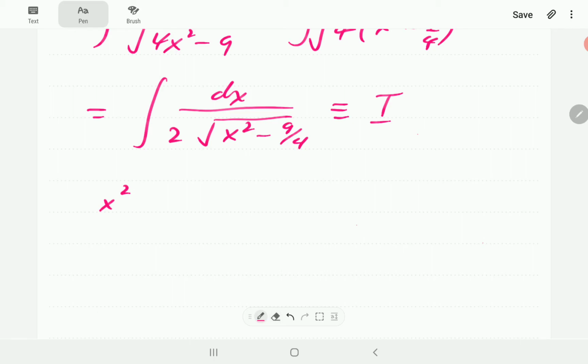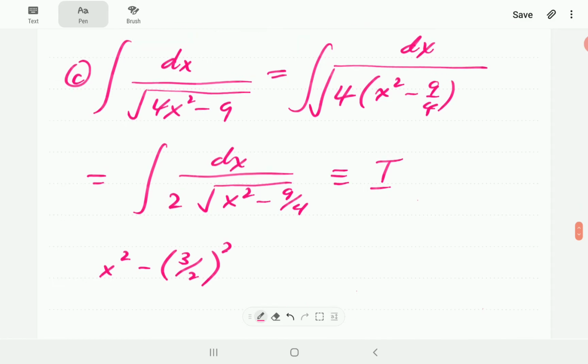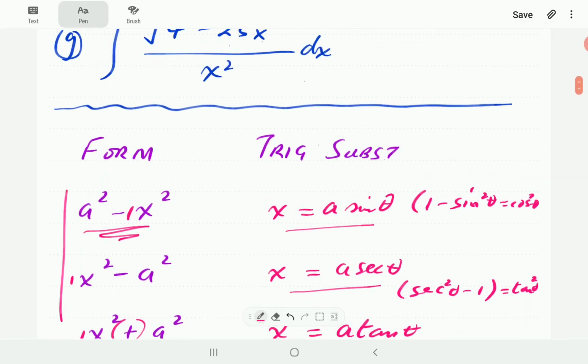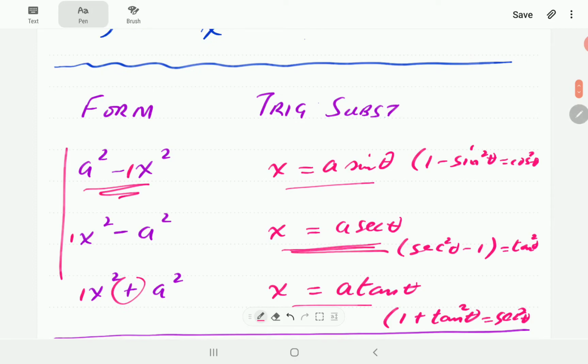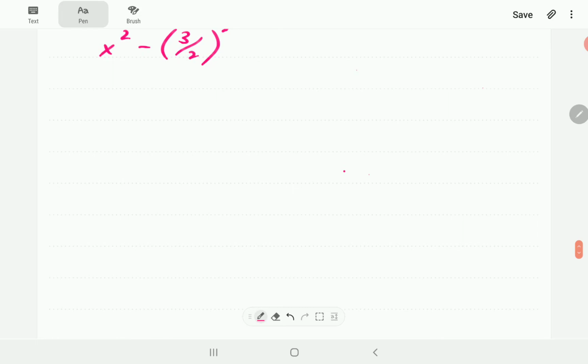So of course we can write this as 3 over 2 squared. That means our a is going to be 3 over 2. The x squared is positive here, so that means it's the other case, the case of secant. So we're going to let x be 3/2 secant theta.